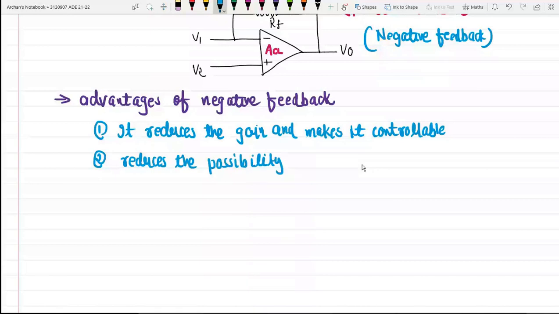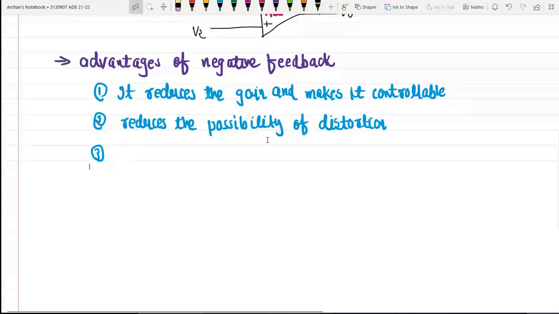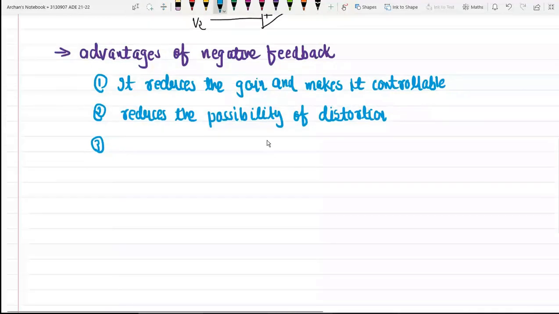Talking about bandwidth, negative feedback helps us increase the bandwidth. What do we mean by bandwidth? The frequency range. It will also increase the value of the input resistance, which is also desirable.